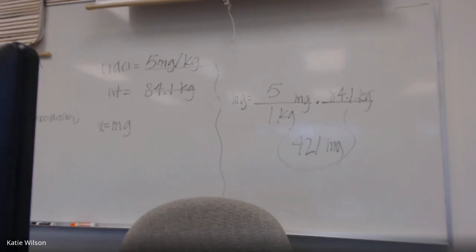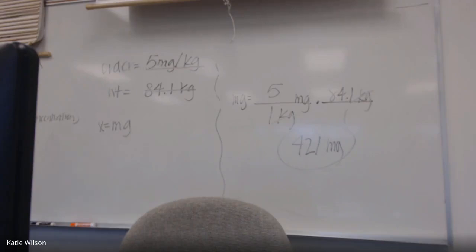Okay, so let's look at example 4. Using the dosage of rifampin calculated in example 3, calculate the volume in milliliters of rifampin that the nurse should administer, given that the pharmacy supplies rifampin in a 40 milliliter vial that contains 25 milligrams per milliliter.